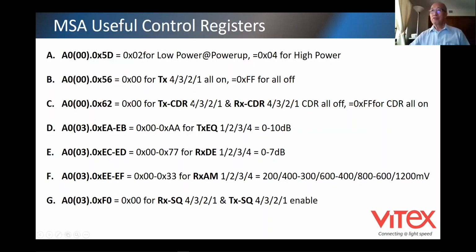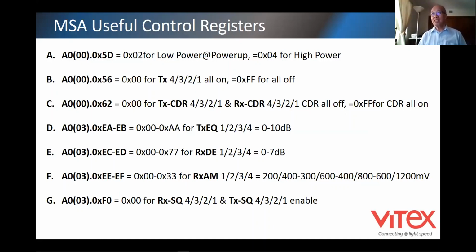So first of all, I want to highlight some registers which are very useful for the 40G and 100G. The first one is the low power and high power, because with some modules, it depends on the vendor, the majority of the customers might want the module to start with low power.